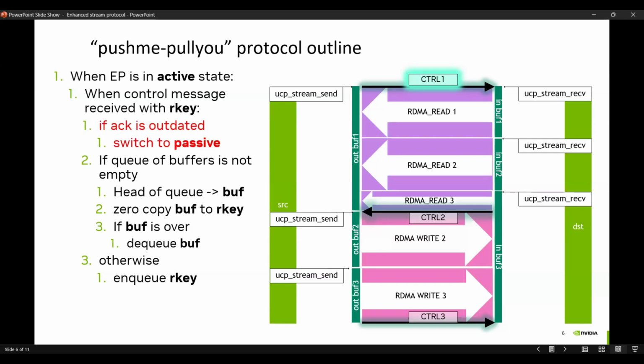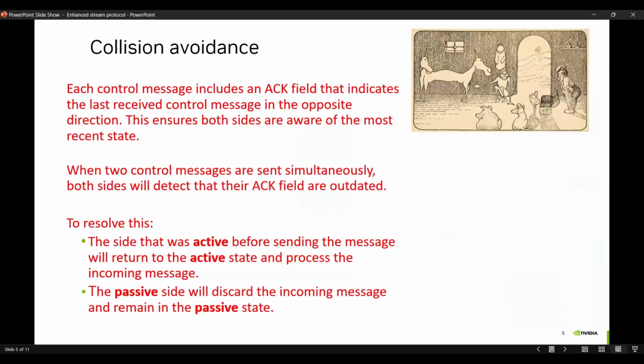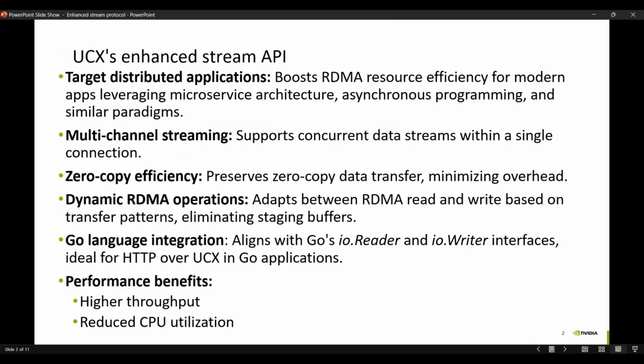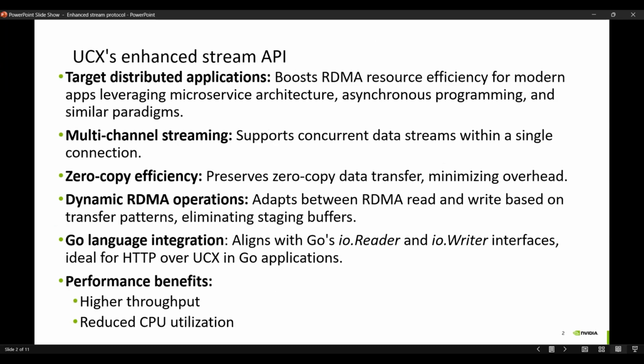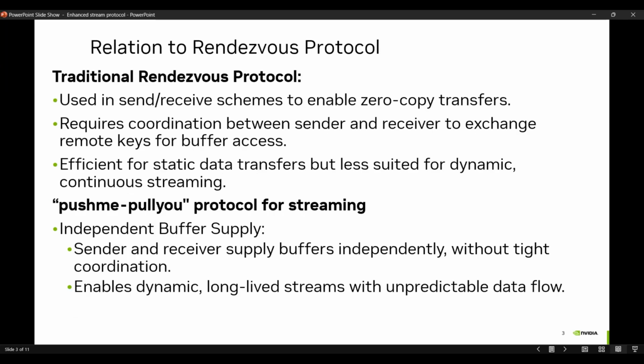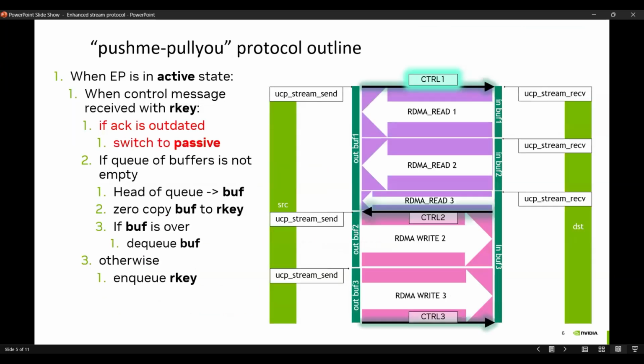This specific change doesn't need one, but another thing which we wanted to introduce, it's not really part of this push-me-pull-you protocol working title, is multi-channel streaming, to allow multiple such communications inside one connection, one queue pair, and this will require a certain change in API. Backward compatible, but yes.